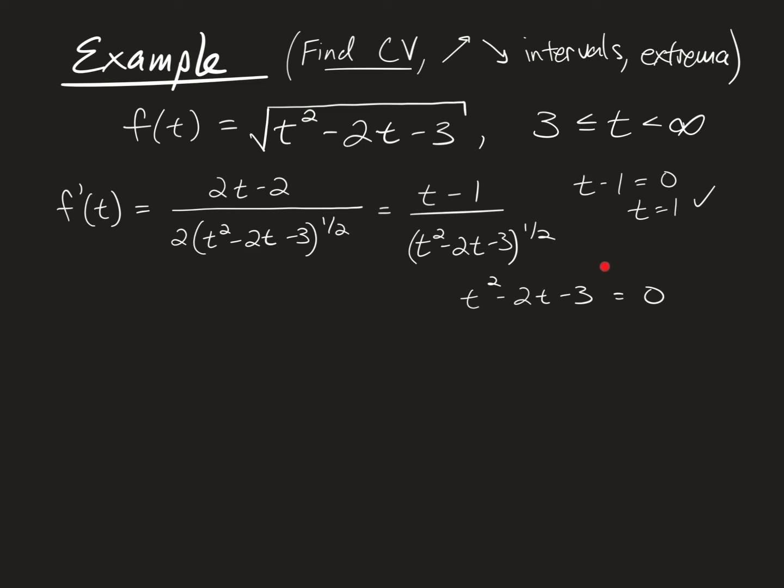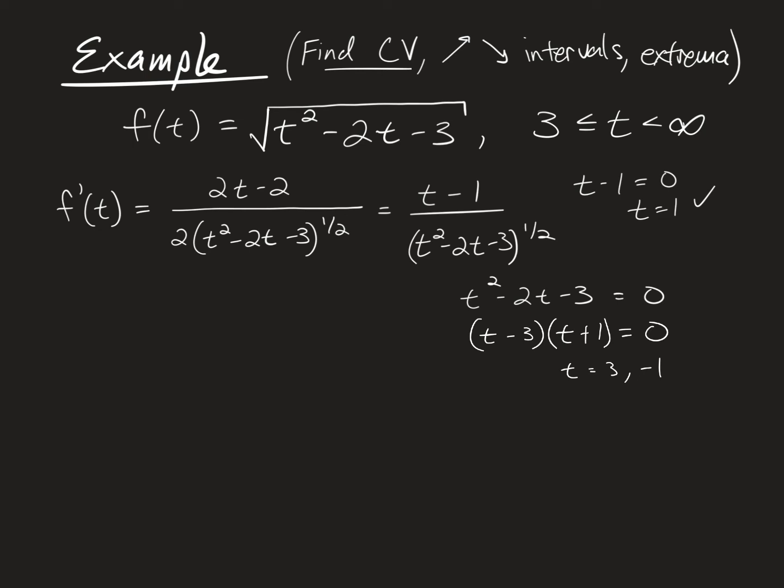If I write the 1/2 power here, I can just square both sides. 0 squared is 0. So we can start with just the polynomial inside. We can factor that t minus 3 and t plus 1 equals 0. And we get that t equals 3 and negative 1.